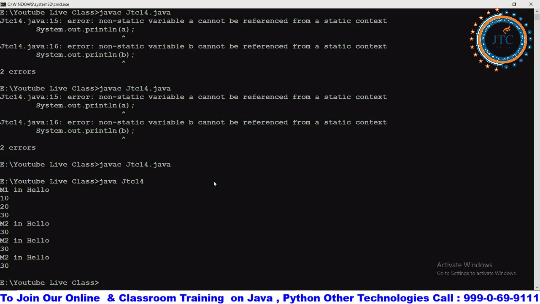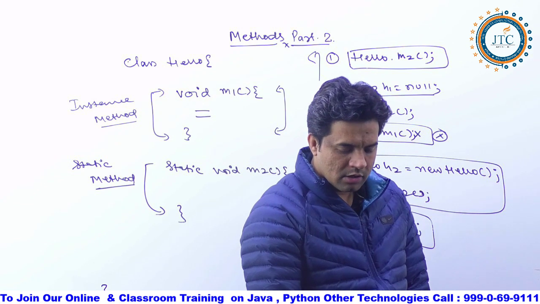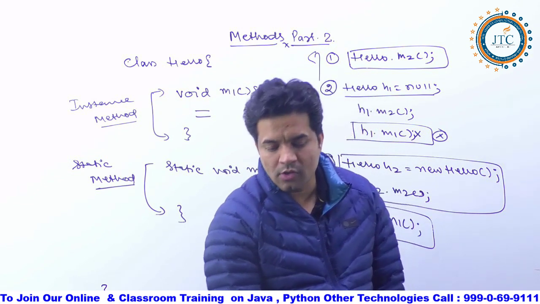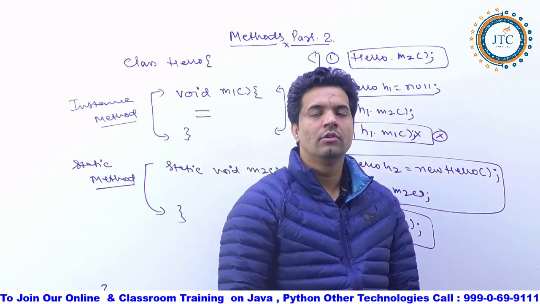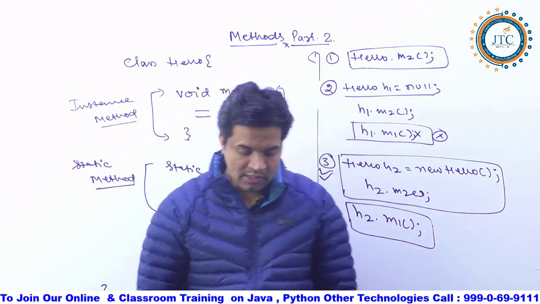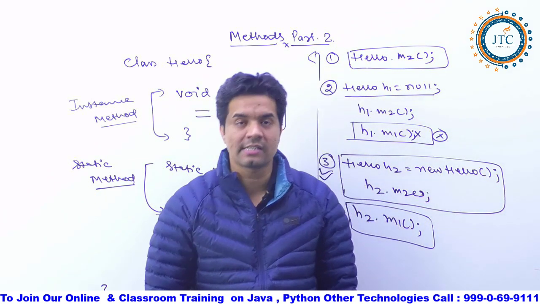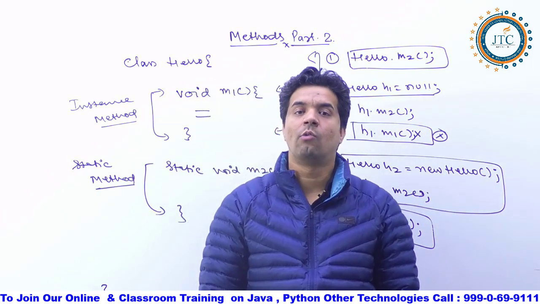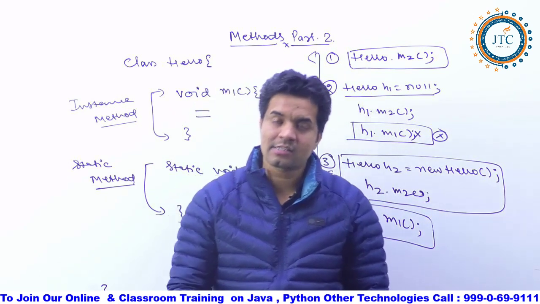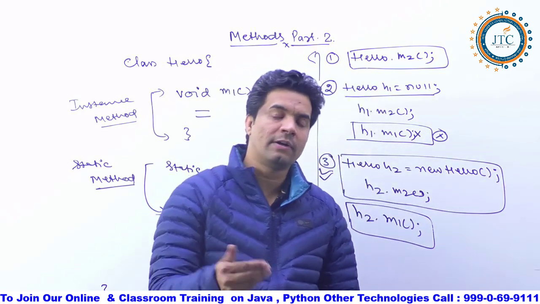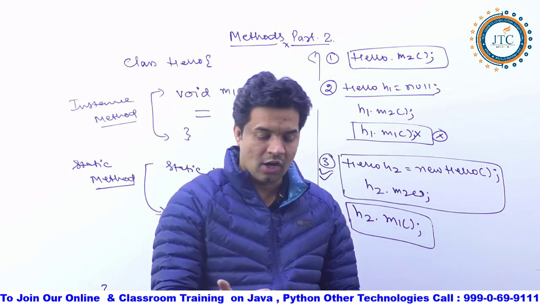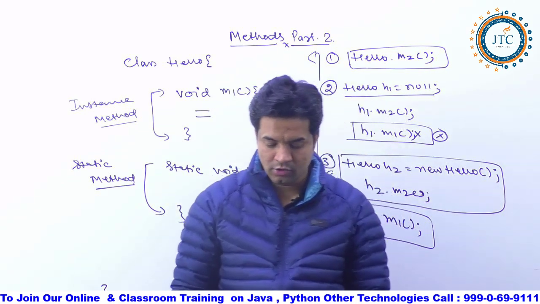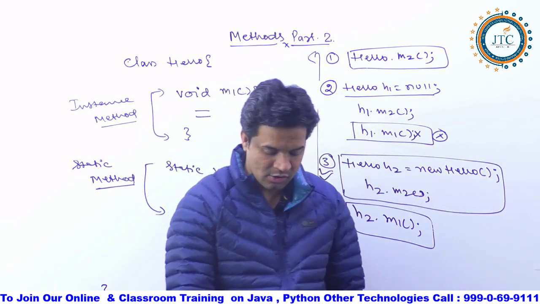Any doubts you are getting, you are most welcome to ask. We have just gone through the very basic concepts: what methods are, what is allowed inside a static method, and what different types of members are allowed, in all these cases.